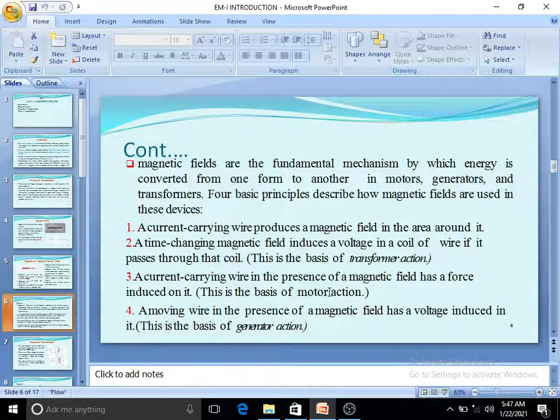Under the electromagnetic field we place the current-carrying conductor, and then automatically a mechanical force is developed. This principle is used in the DC motor action. We will discuss it clearly later. I am just giving an idea of which principle is used in the transformer and which in the DC motor.